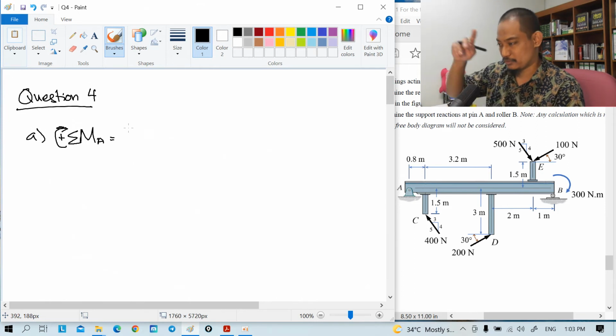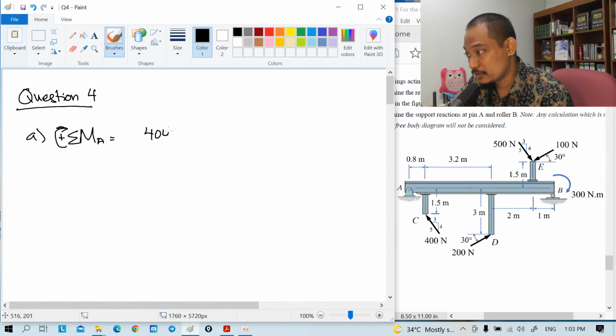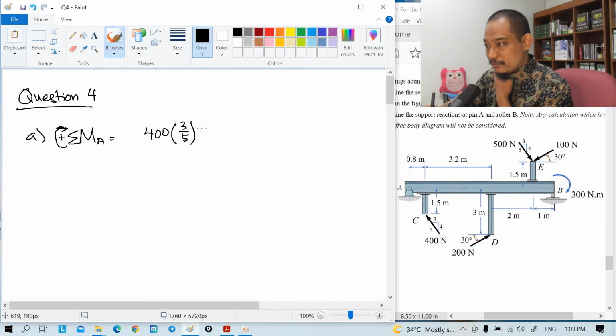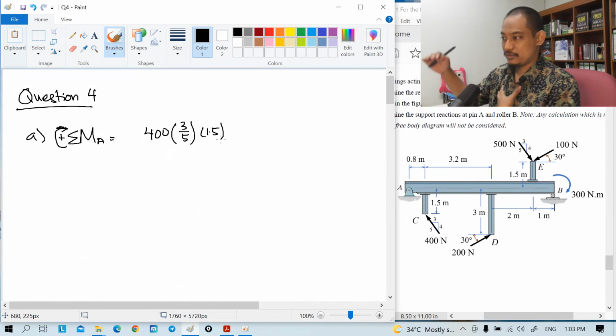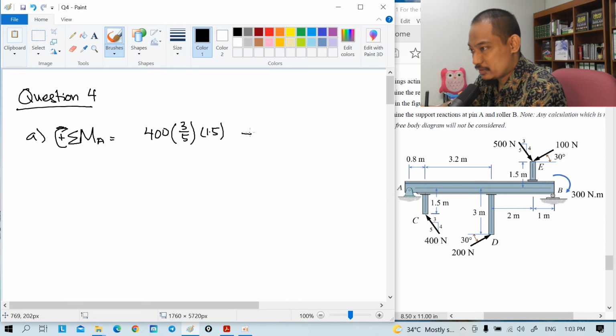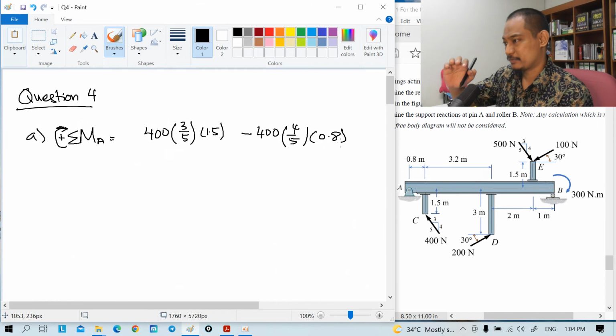So for the 400 N force, the horizontal one will be clockwise: 400 times 3/5, and the distance is 1.5, positive. The vertical one will be counterclockwise, so minus 400 times 4/5 times 0.8.